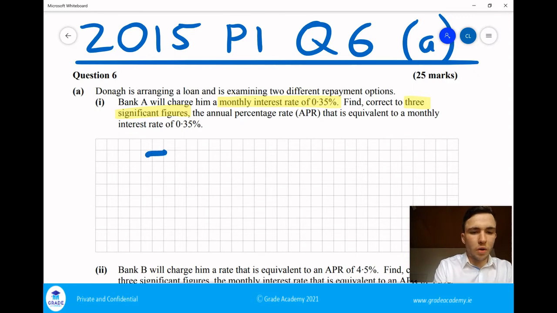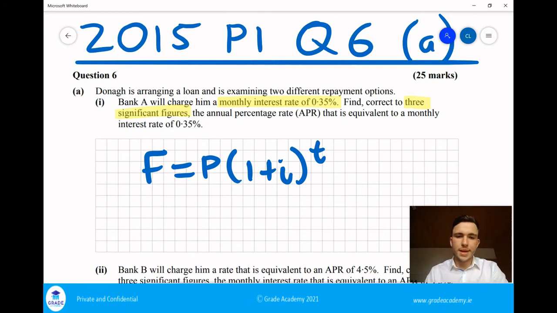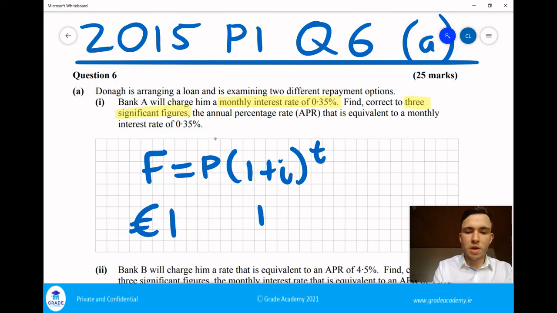So we are going to use the F is equal to P times 1 plus I to the power T formula. To work out any of these questions where we're converting interest rates, just to make it as easy on ourselves as we can, we're going to invest €1 for 1 year, okay?